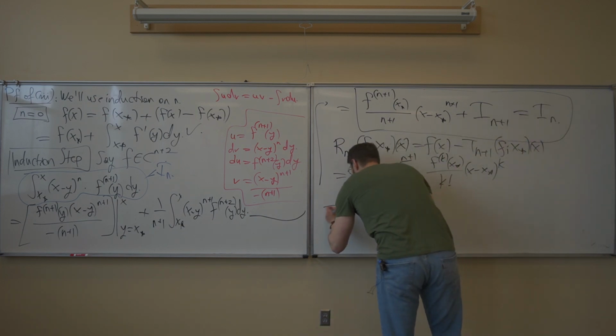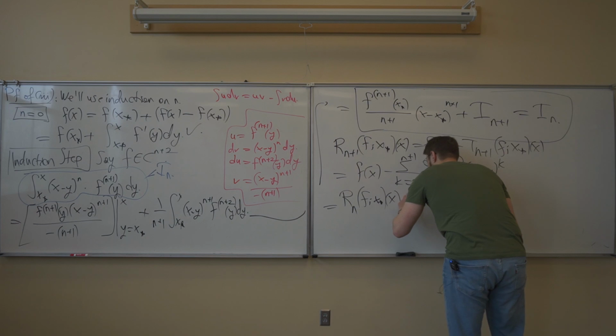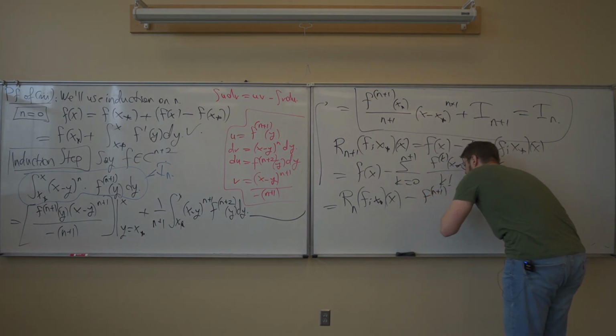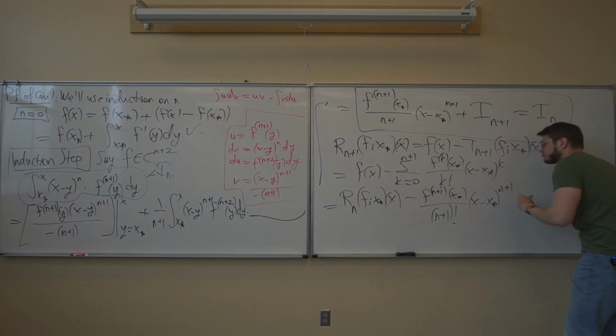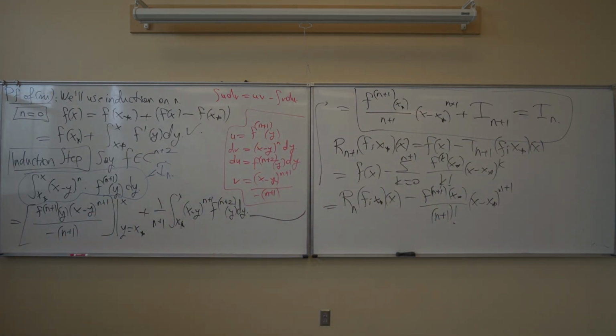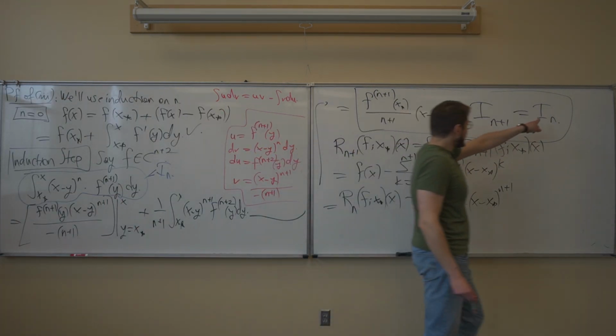That would give me this, minus the (n+1)th derivative divided by (n plus 1) factorial times (x minus x star) raised to the power n plus 1. And now I can use the induction, and I can say by induction that this remainder equals this.